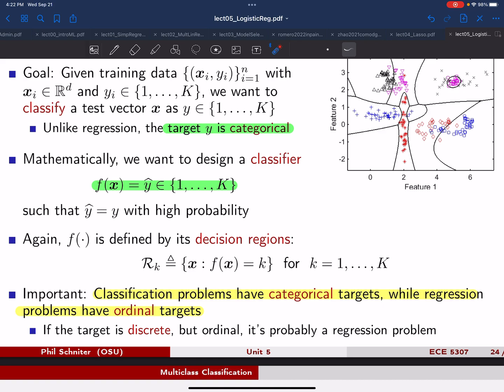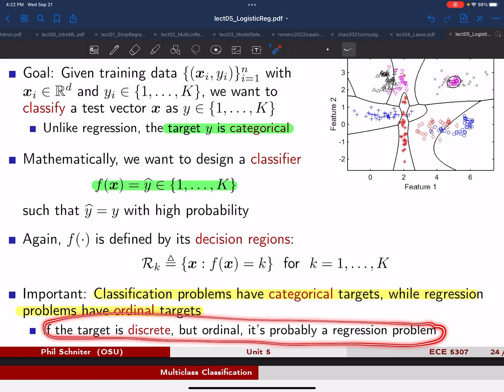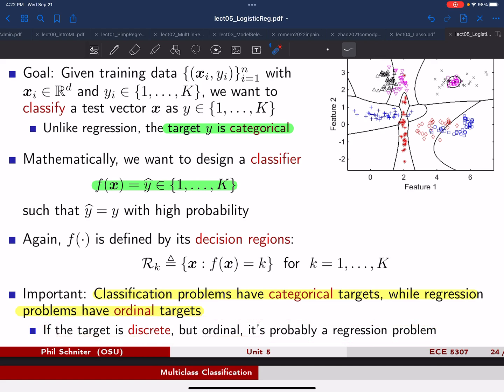But if you have 5 different categories, it doesn't really make sense to predict something in between your categories. That thing doesn't exist. So again, if the target is discrete but ordinal, you're probably dealing with a regression problem, not a classification problem, and then you want to use the right tools for that problem.